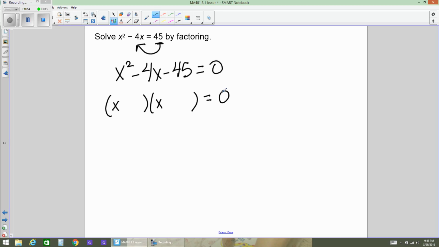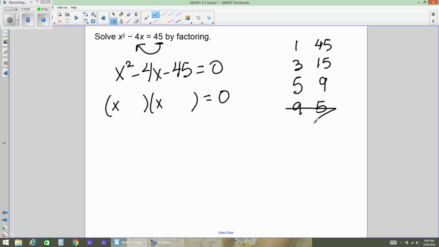We think what multiplies to make 45 and adds to make 4? So a 1 and a 45, 2 doesn't multiply, a 3 and a 15, 4 is not a factor, but 5 is, 5 and a 9, 6 isn't, 7 isn't, 8 isn't, 9 is with a 5, but we already have that, so we're done.